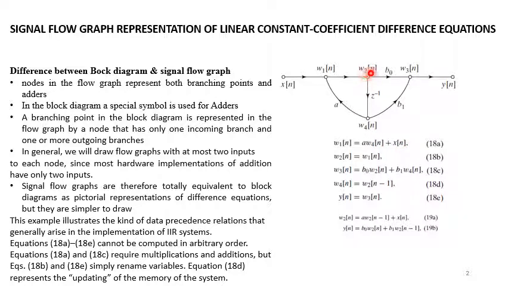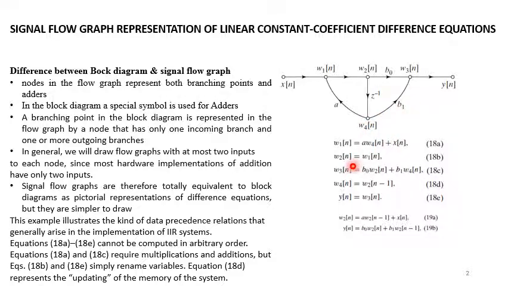Similarly, this node W2[n] has incoming W1, so W2[n] basically equals W1[n]. For W3[n], we have two inputs: the input coming here is W2[n] multiplied by B0, and the other input is W4[n] scaled by a factor of B1.